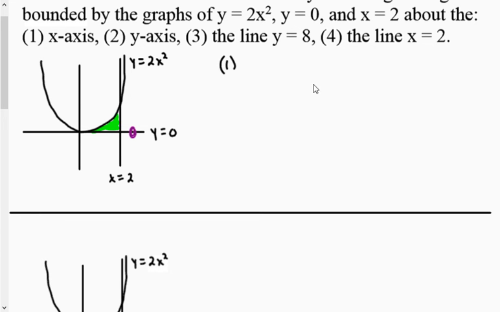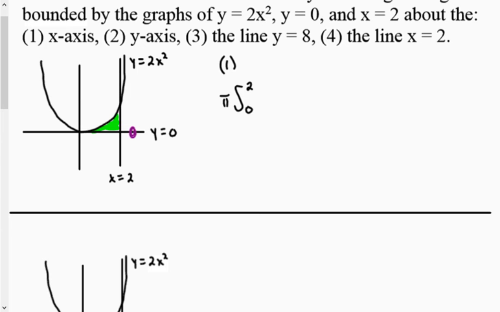Okay, x-axis is a horizontal axis, so I'm going to go to everything in terms of x. The volume is going to be pi times the integral. And the region here is going from 0 to 2, so I'll integrate from 0 to 2. And then we're flush to the axis of revolution, so we don't have to subtract anything out.